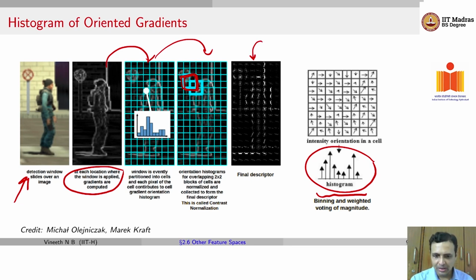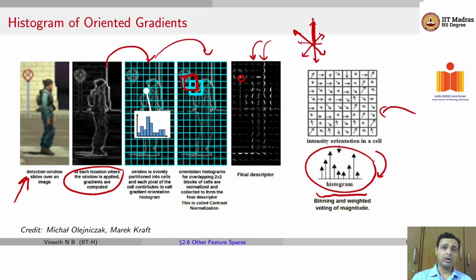So you can see here that each of these is just a different way of drawing a histogram. Remember again, if you recall, something like this was just another way of drawing a histogram with 8 bins in 8 directions, where the length of the arrow denotes the frequency count in each of those bins. Right? This is just another way of representing the gradient orientations and getting the histogram.